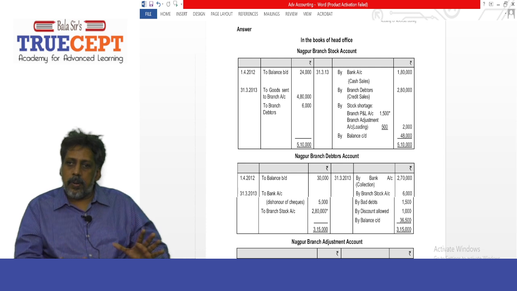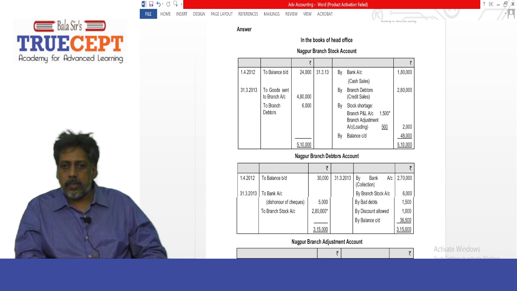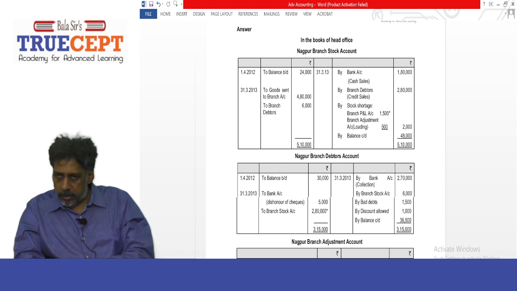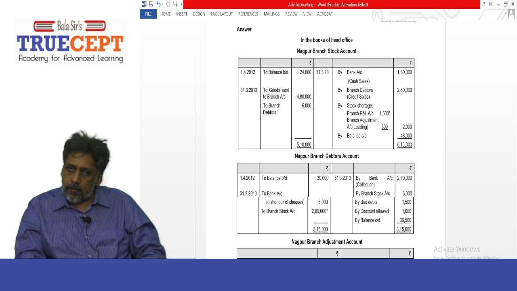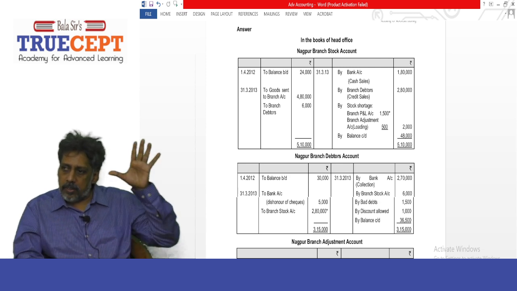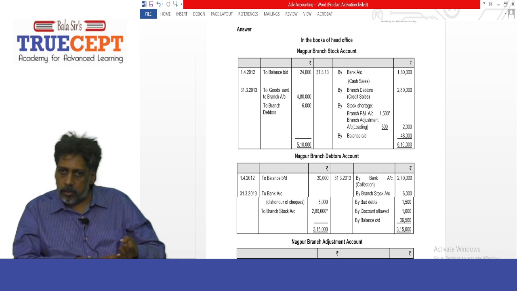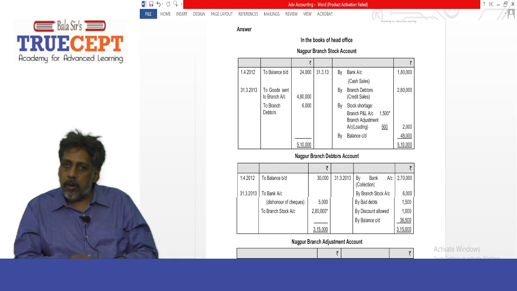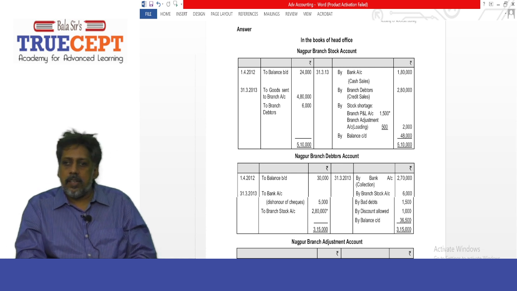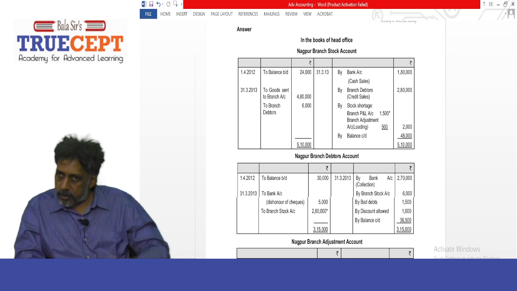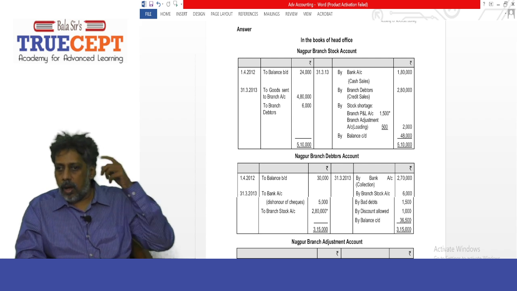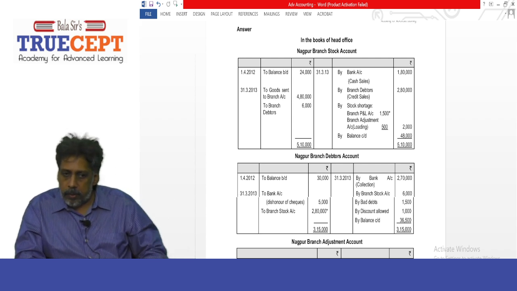That means the surplus will be entirely transferred to branch profit and loss account. Is that clear? Guys, have that in mind. The balancing figure on the credit side after placing closing stock will be taken as shortage. In case you get the difference on the debit side, then it is a surplus. Is that fine?